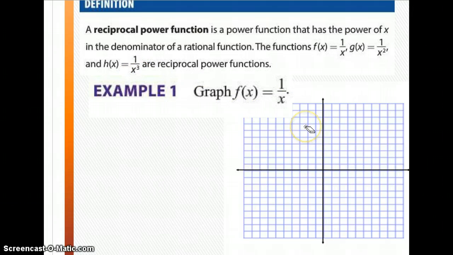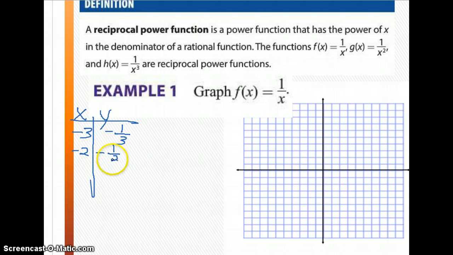So if we wanted to graph 1 over x, I'm just going to draw a t-chart here, with an x and a y. If x is equal to -3, taking the reciprocal of that will give us -1/3. If x was equal to -2, we would have -1/2.